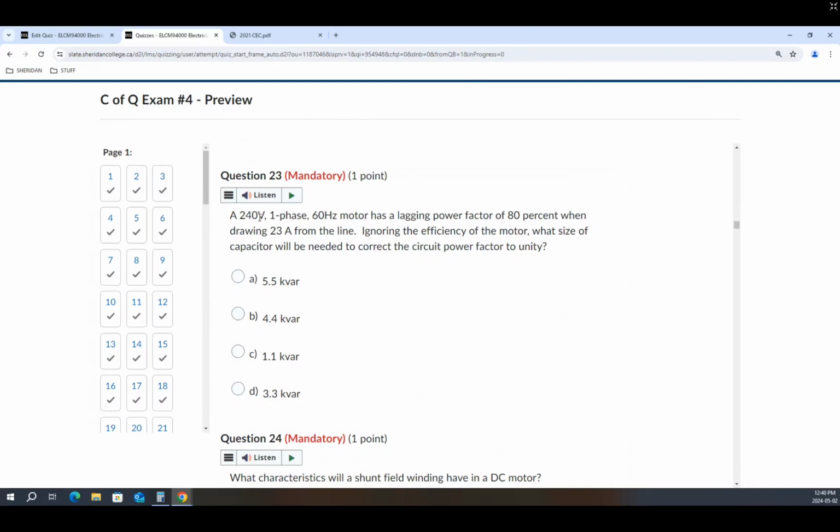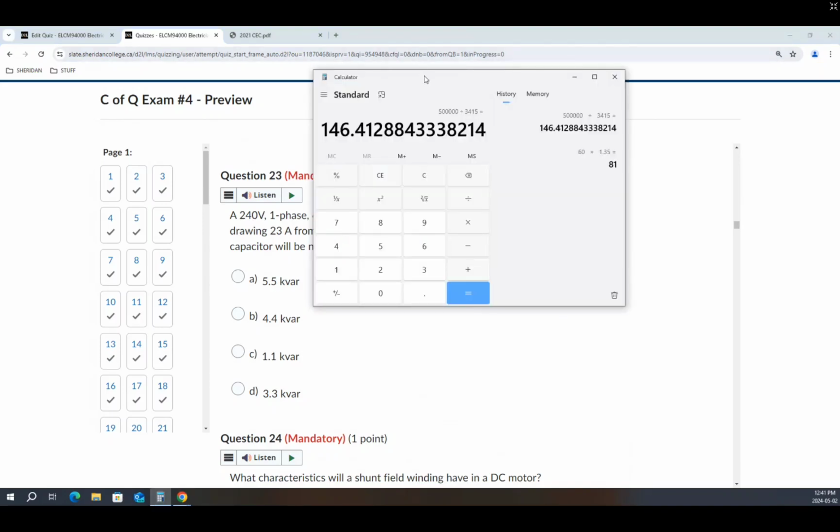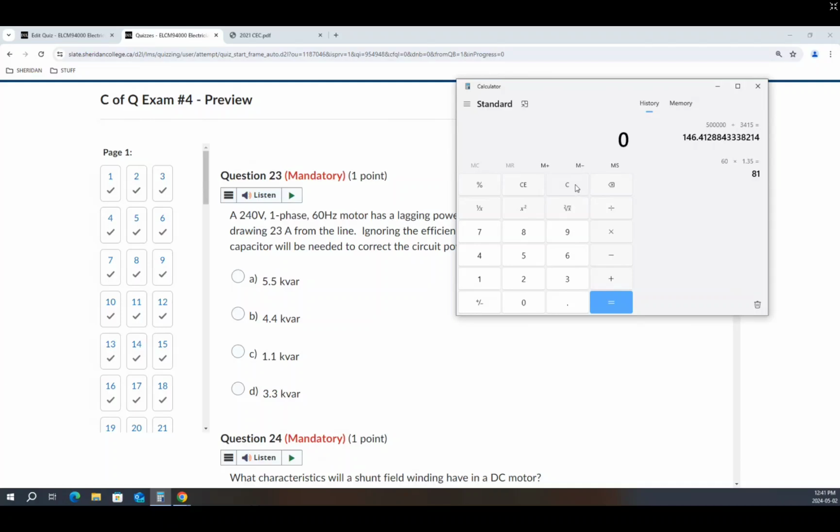So I need to get the kilowatts for the motor. So I'm going to go 23 amps times 240 volts. So I've got 5,520.